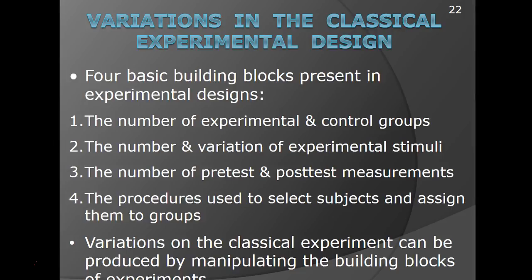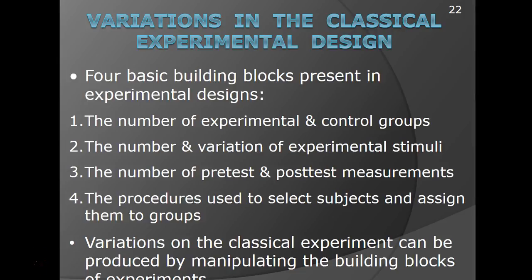There could be a number of different groups that would impact your results. Also, the number and the variation of your experimental stimuli. In other words, if the stimuli being given to the experimental group vary greatly between groups, especially if you have more than one experimental group, this is going to impact your results.